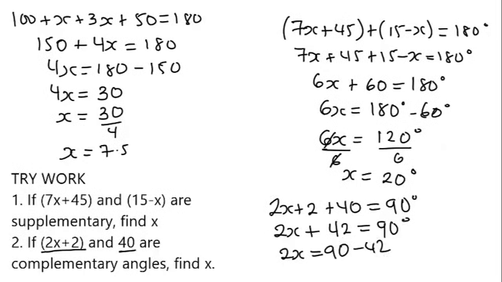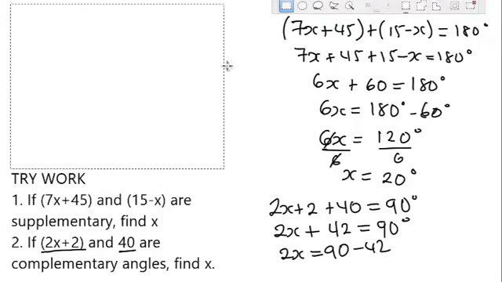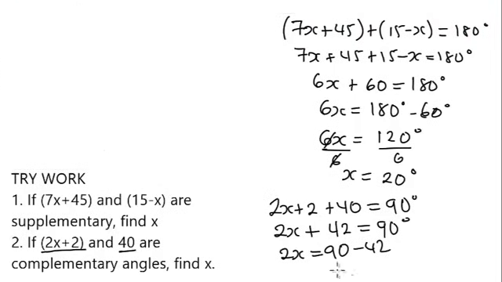So let me clean this side. And from here, we are going to have 2x equal to 90 minus 42 gives 48. And so to get x over here, we divide through by 2. And 2 will cancel 2, and x will be equal to 24. And so this is the value of x that we were asked to find.